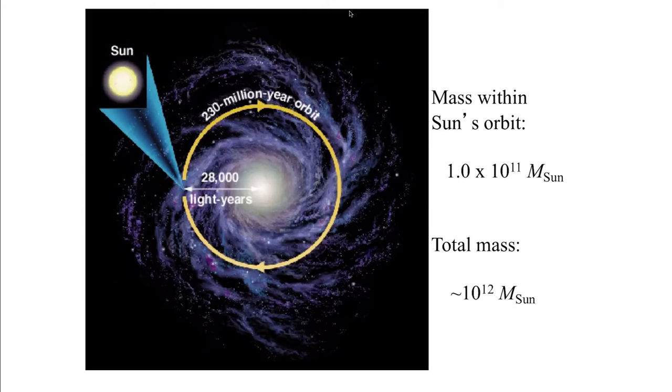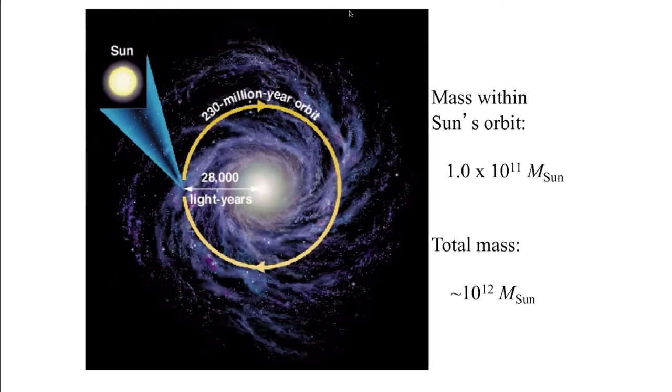If you have a star at any distance, and you can measure the distance between that star and the center of the galaxy, and you can measure that star's orbital velocity, you can get the mass inside of this orbit. And you can even do this for stars that are further out and get the mass inside this orbit. So not only do you get the total mass by taking stars that are extremely far out in the galaxy, but you can get how that matter is distributed through the galaxy.